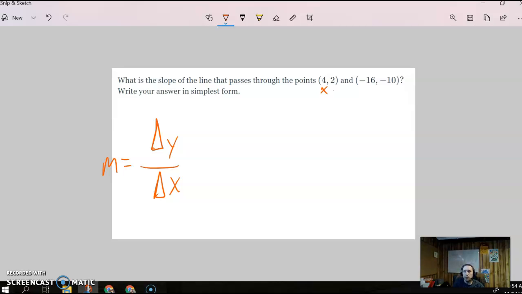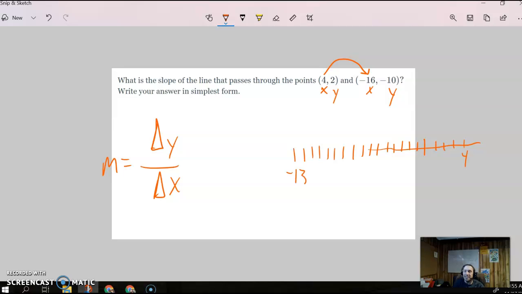Remember, it always goes xy, xy. So how do I go from 4 to -16? Oh, that's ugly, but this is how I think about it. If I'm on a number line, this is 4. 1, 2, 3, 4, 5, 6, 7, 8, 9, 10, 11, 12, 13, 14, 15.